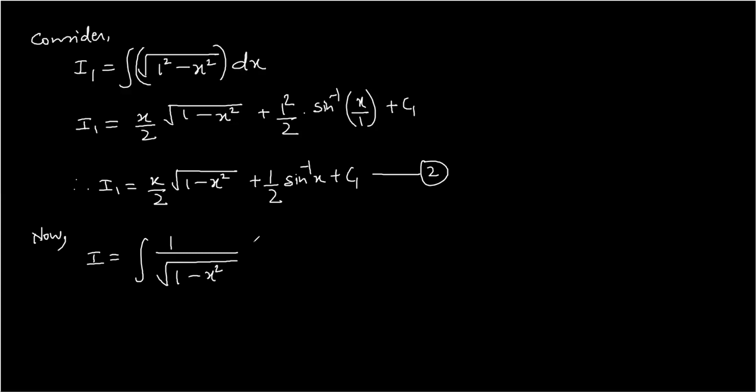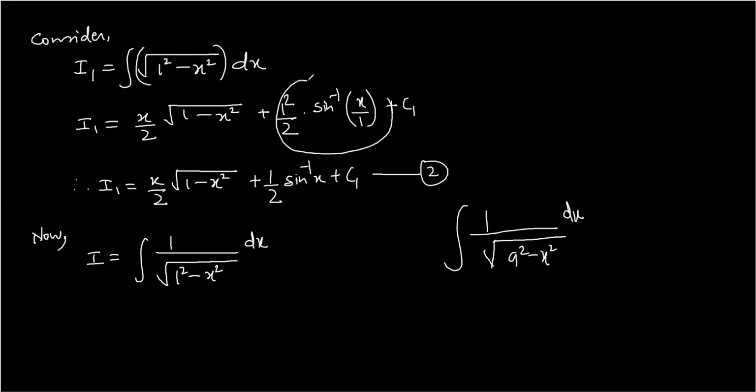So what I do is I write this as 1 square. Now this is from set 2, 1 upon square root of a square minus x square dx. And what was it, student? Just now we used it here. It is sine inverse of x over a plus c.